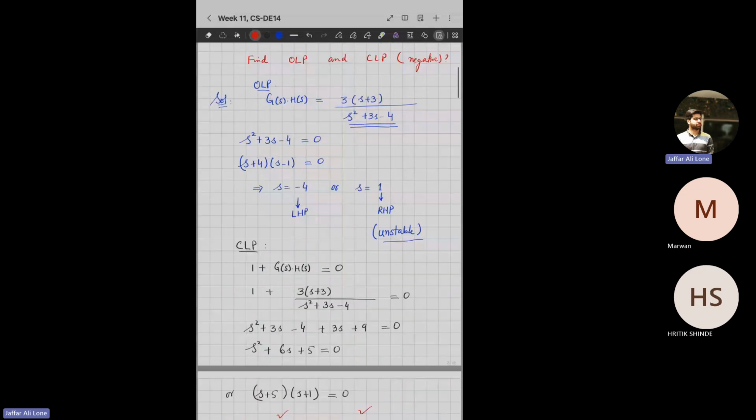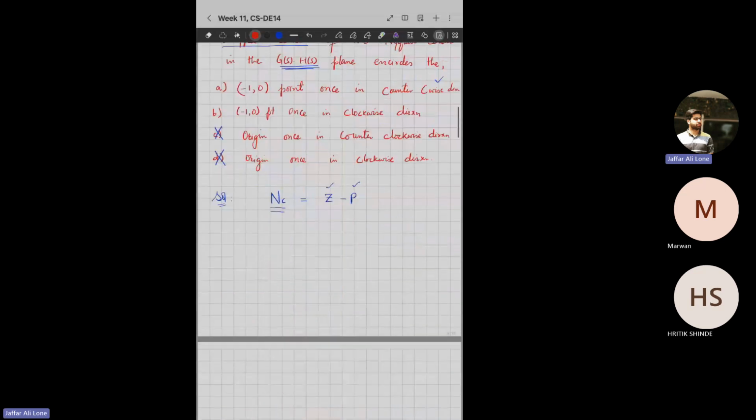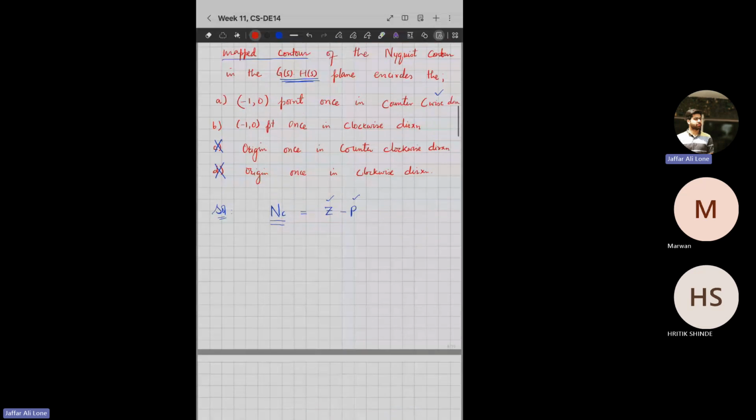So for the open loop poles, I'll directly write P is equal to 1 because one of the open loop poles is in the right half plane, which is at s equal to 1. And my Z is equal to 0 because there is no closed loop pole in the right half plane, right? Then what do we get? The value of N_C is 0 minus 1, which is equal to -1.